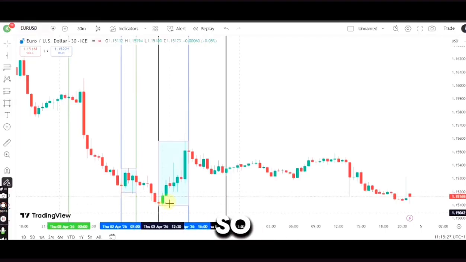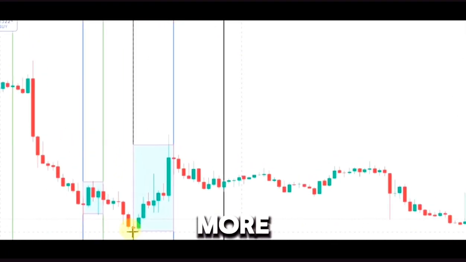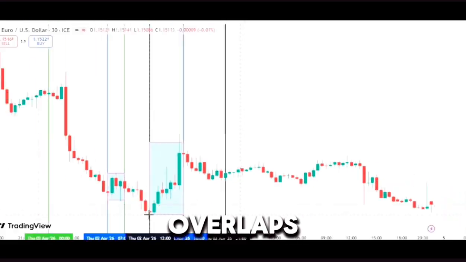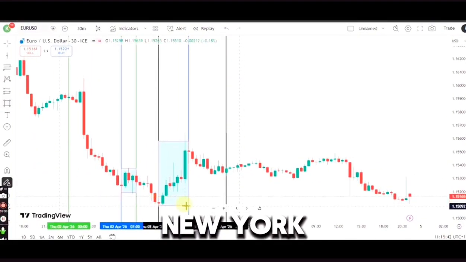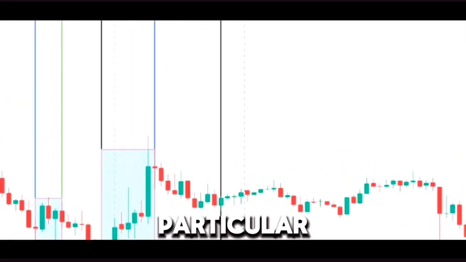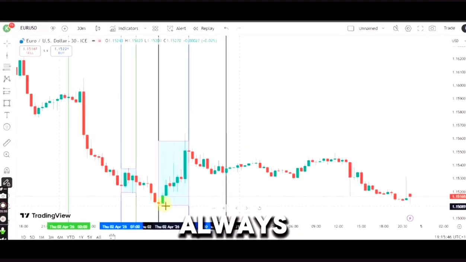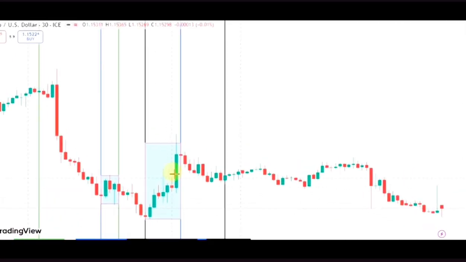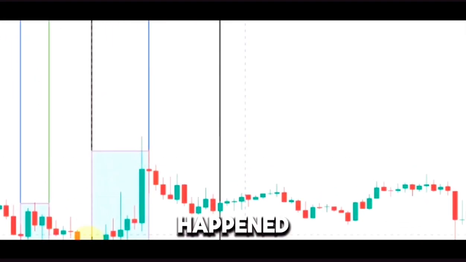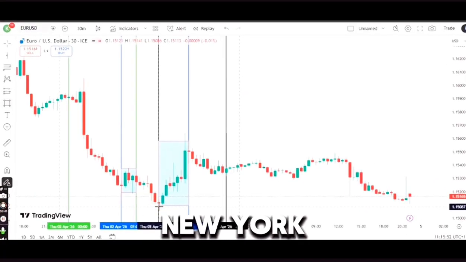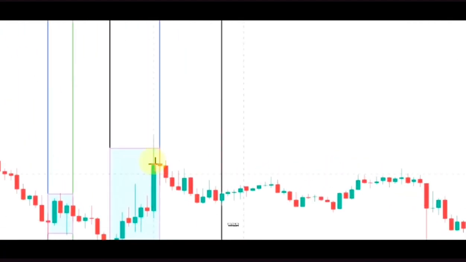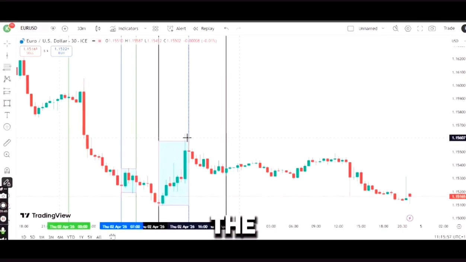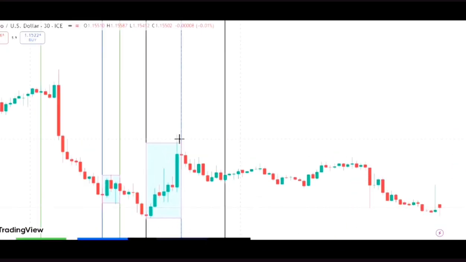All right, so if you look at this place, more especially the overlap between London time and New York time, at this particular point the market is always volatile. Look at this movement. The whole of this movement happened when the New York session opened and when the London session closed.